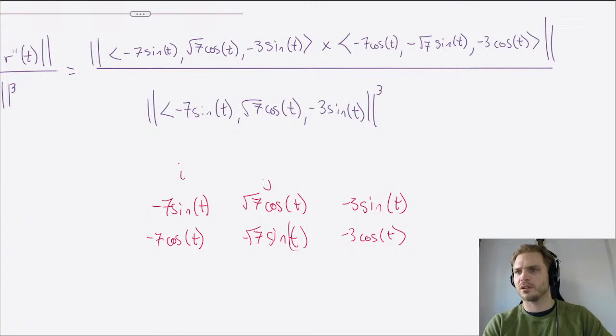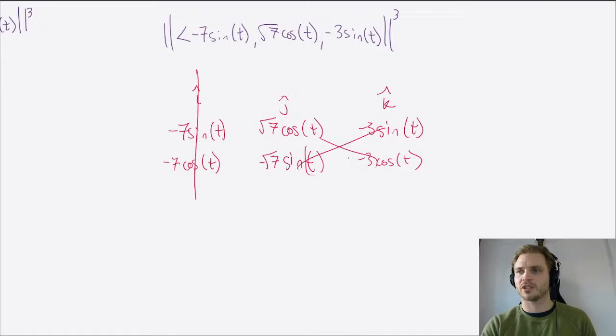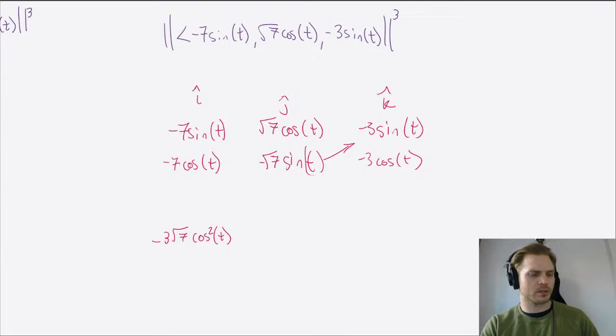This is i, j, k. I guess I should put the hats. How do we do this? You cover up this one and you cross these two. So we get negative 3 root 7 cosine squared of t, then you subtract these two, so minus 3 root 7 sine squared t.